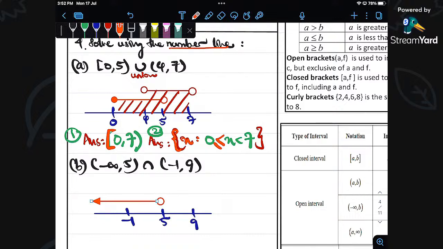This is how it looks. This is empty circle sebabkan dia open bracket. So this is the region. Tapi jangan lorek lagi, kita belum habis. We have another interval which is from -1 to 9.